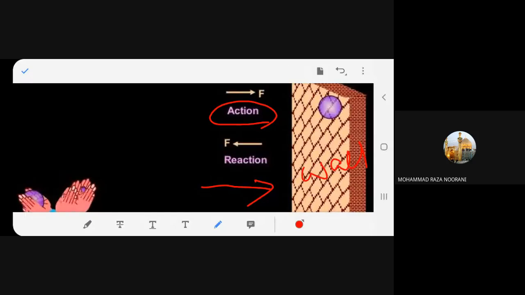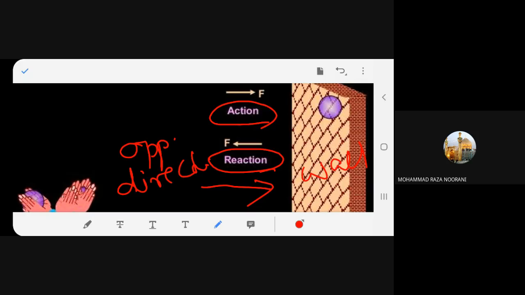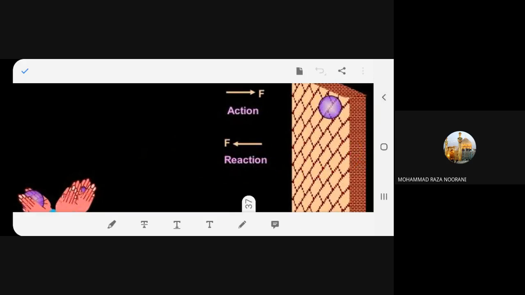The ball bouncing back to you is reaction, which is in the opposite direction. Understood? Do you find it easy? Yes. If you understand, then it is very, very easy. Any problem, you can stop me. Okay, ma'am.